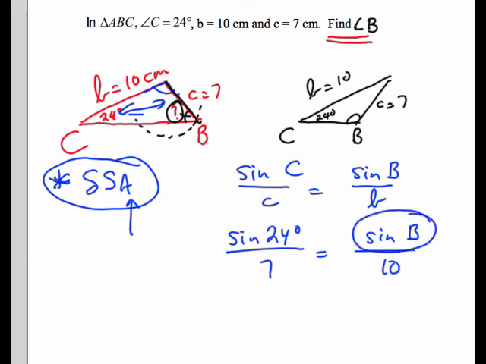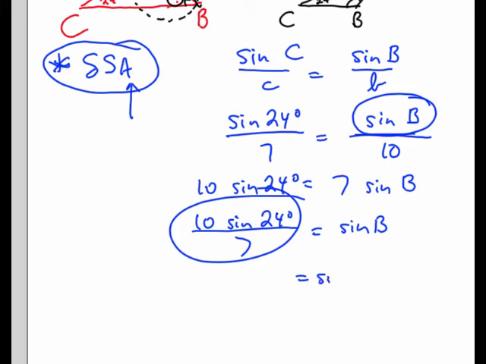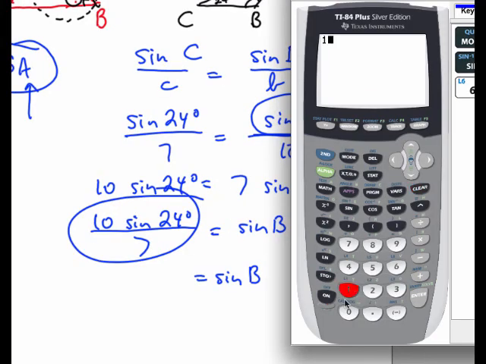Alright, so what I need to do is I need to solve for sine B. So I could cross multiply, which would give me 10 sine 24 degrees equals 7 times sine B. Divide by 7. And I could decimalize this in my calculator. And I have sine B coming out to be 0.58-ish.